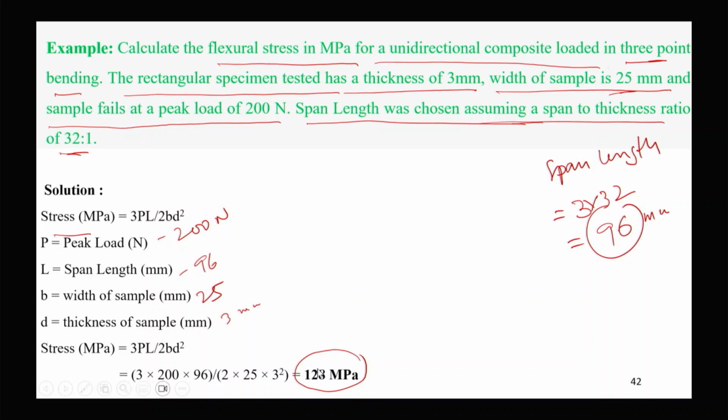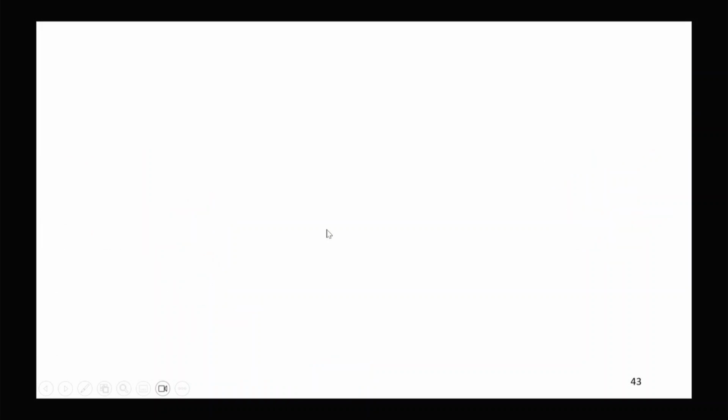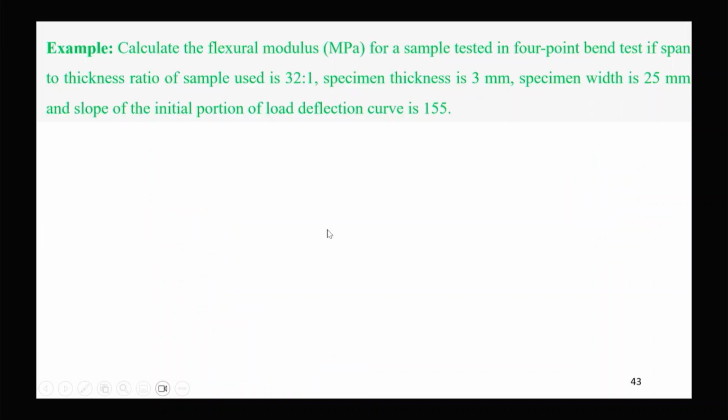So for 3-point bending, the stress is given by this relationship. For 4-point bending, there will be a different relationship, and for modulus there will be a different relationship. One can easily refer to standard literature for this.